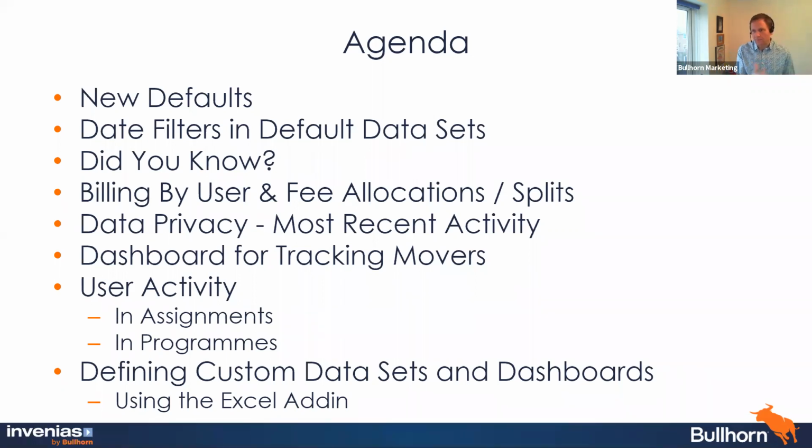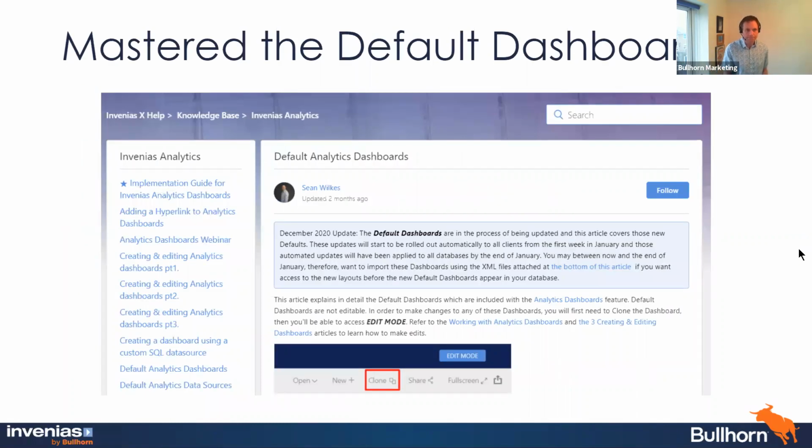And then at the end, we'll circle back and try and cover a little bit in the definition of custom data sets and how you might engage in projects around getting a custom dashboard built.